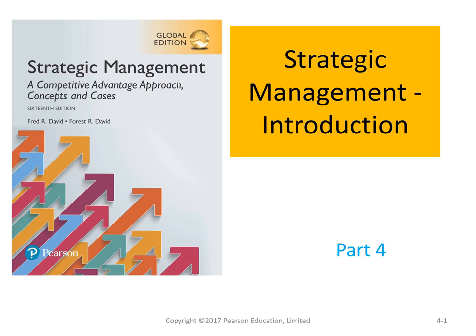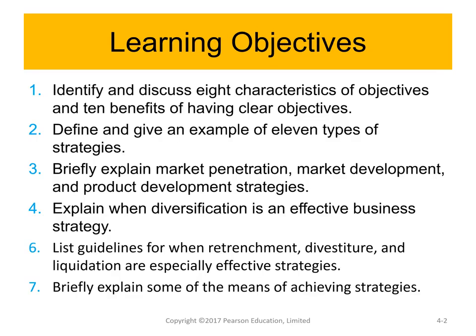In this part of the introductory video recording of the strategic management process, we will be evaluating the characteristics of objectives. We will look at the benefits of having clear objectives. We'll also look at some examples of the types of strategies.